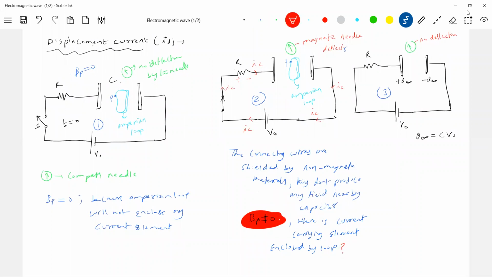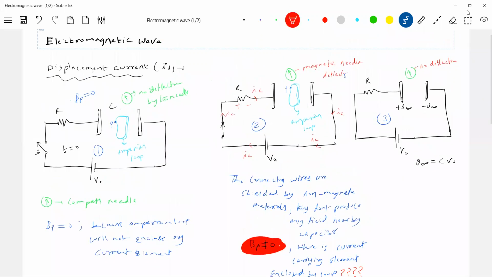Okay, agreed. Not one question, 2, 3, 4, 5 times we'll analyze. There's no current carrying wire, no? Then how come the field is produced?